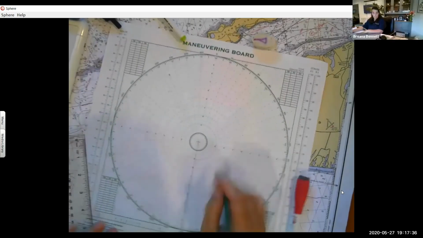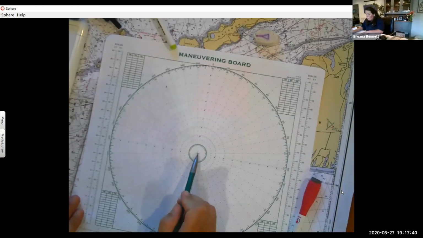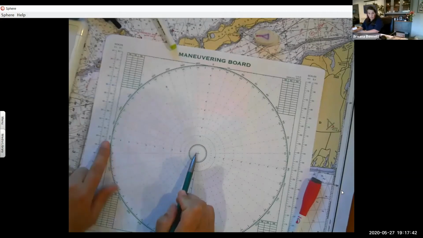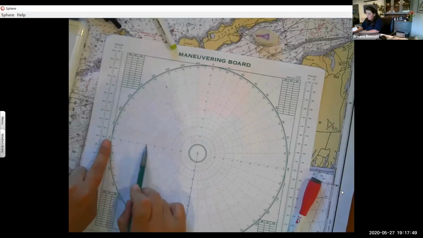On your maneuvering board, it's hard to see, but you do have a 1 through 10 scale on the circle itself. So this is 0, 1, 2, 3, 4, 5, 6, 7, 8, 9, 10.